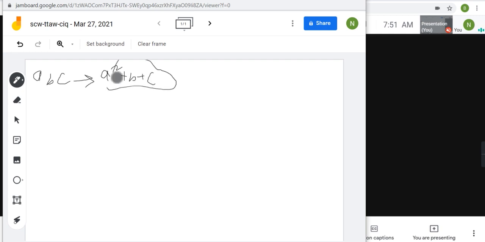Now, in the quadratic equation, what should I do? I wanted to find the roots of this quadratic equation, right? How do we find the roots of a quadratic equation?